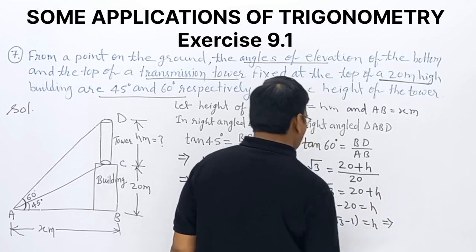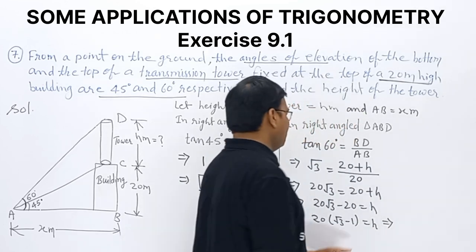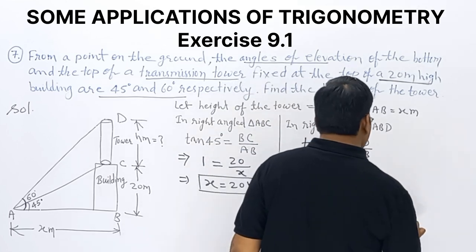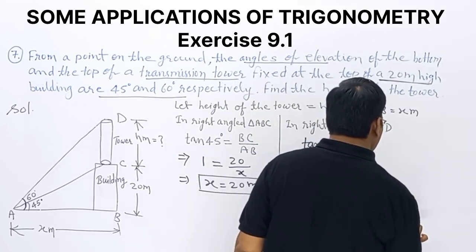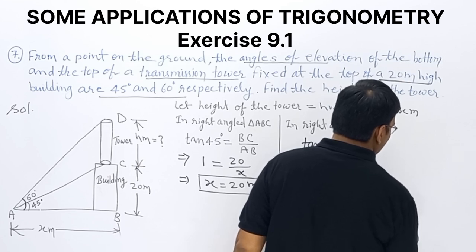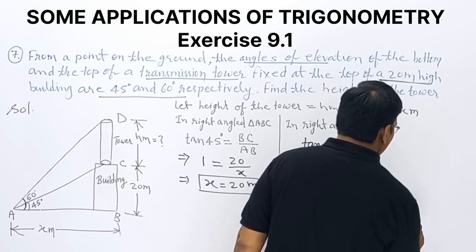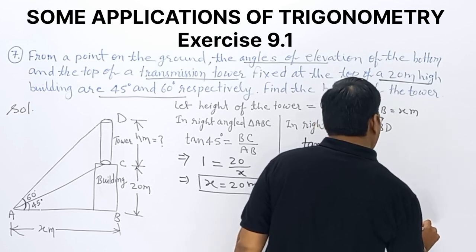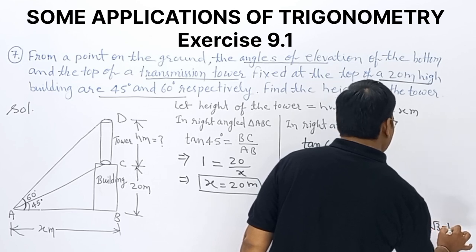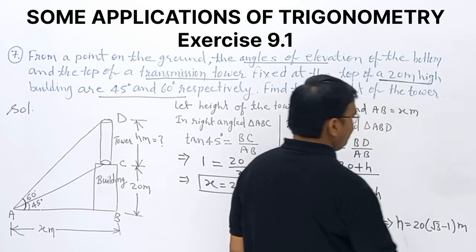Interchanging left side and right side, we get the height h. H will be 20 times square root of 3 minus 1 meter.